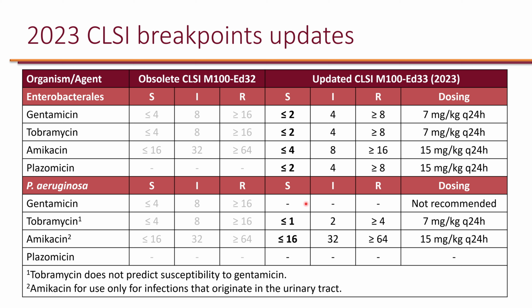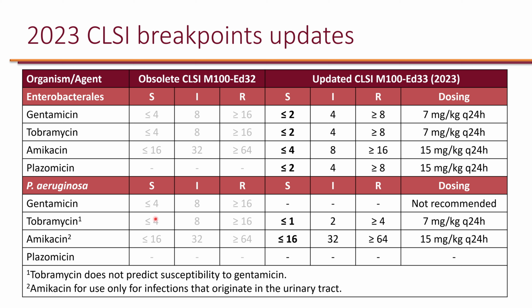So in fact, there are no criteria for susceptibility for gentamicin in regards to Pseudomonas. So it was actually removed. In other words, if a sample is sent to the micro lab, they should not be testing it against gentamicin. They will not be reporting it as susceptible, intermediate, or resistant, so we should just consider it resistant.